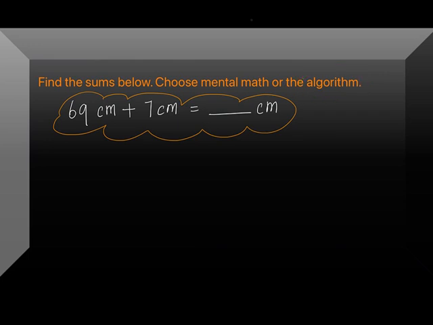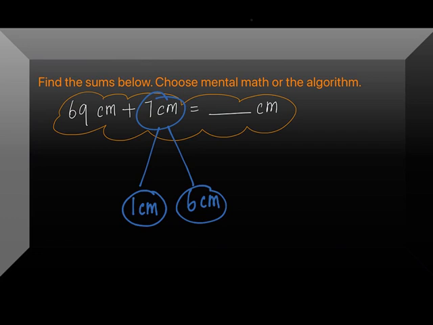Okay, so in this problem, 69 centimeters plus 7 centimeters equals what centimeters? We will break apart the 7 centimeters into 6 centimeters and 1 centimeter.